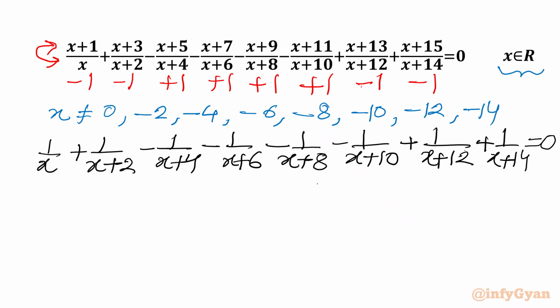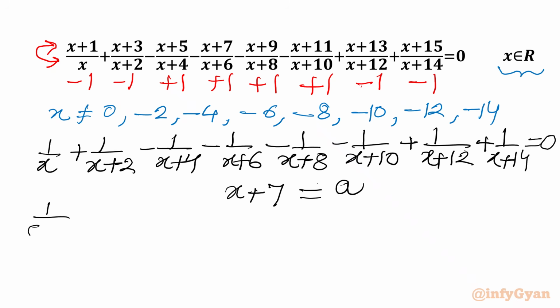We have 8 denominators starting from x to x plus 14. If we find the average of all the denominators, we will get x plus 7, which we will assume as our substitution, suppose a. So I can write x as a minus 7.